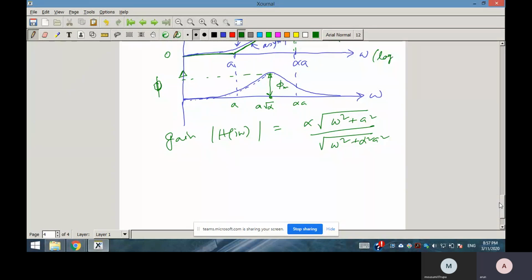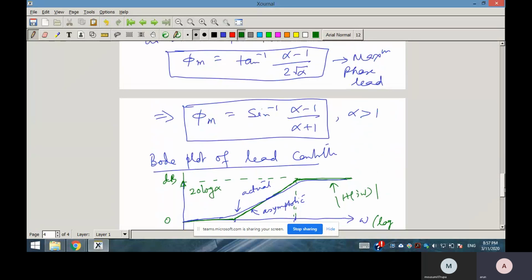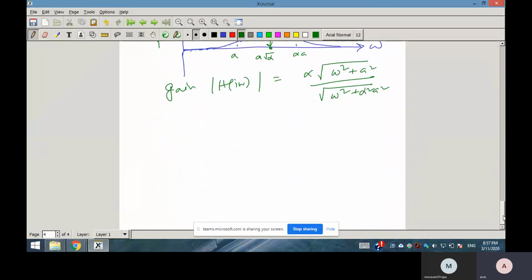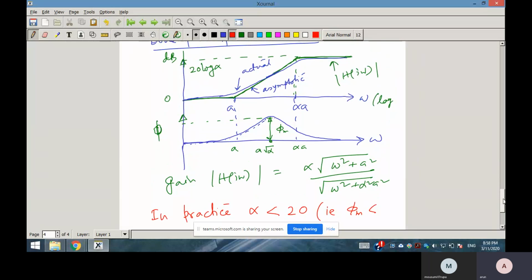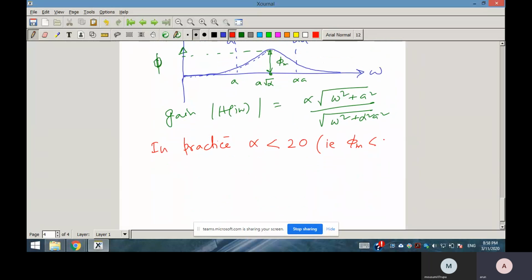Now alpha is greater than 1, but how much alpha is allowed in practice? In practice, alpha is assumed to be less than 20. If you take alpha equal to 20, the corresponding maximum phase lead phi m is approximately 64.8 degrees.